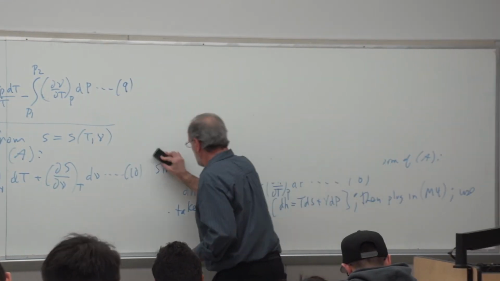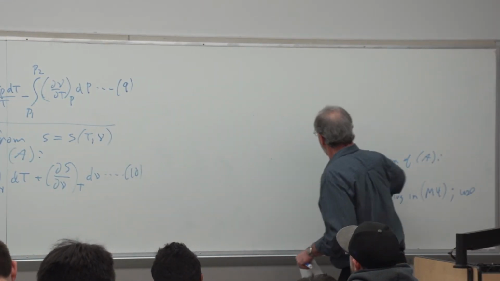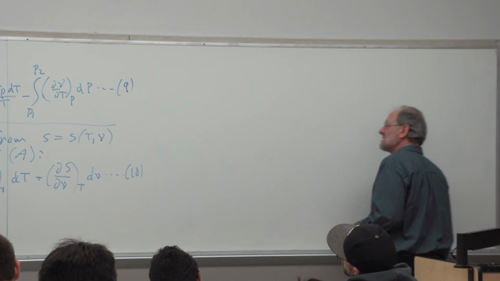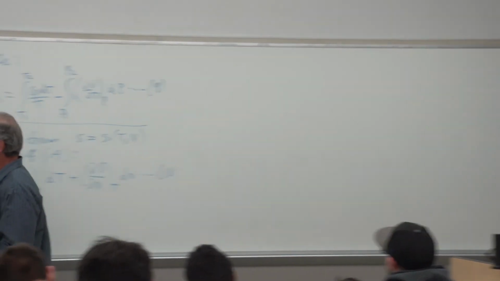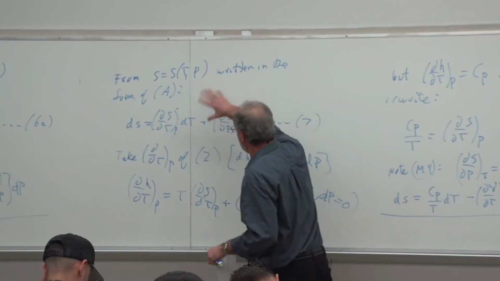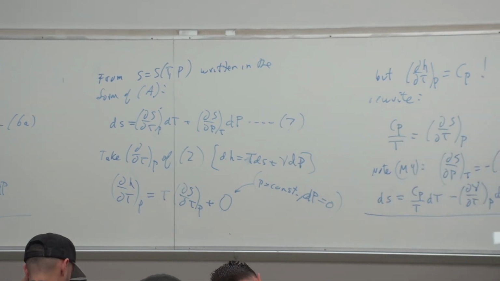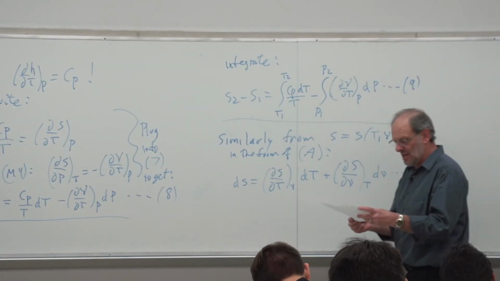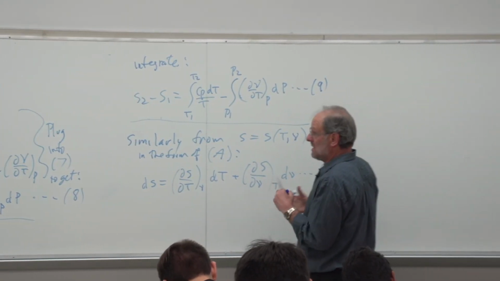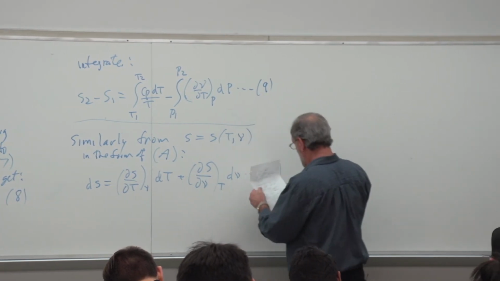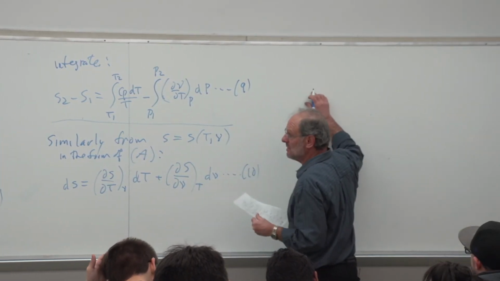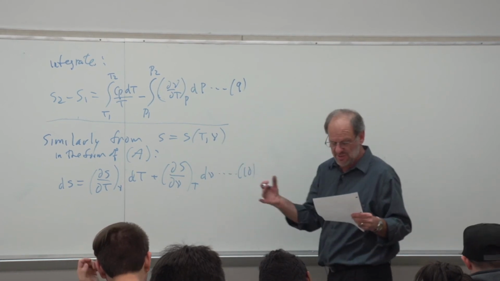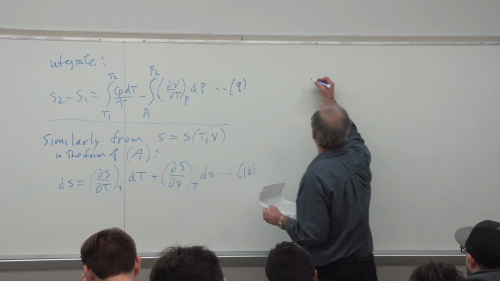And once again, we're going to go through the same general steps as the previous derivation, in other words, this derivation that I just started right here. So again, let me just summarize for you. Once again, we're going to take one of the TdS relationships and turn it into a partial.